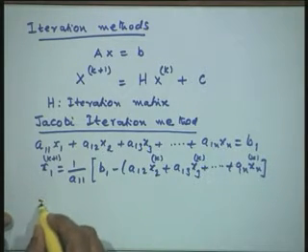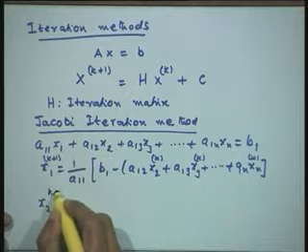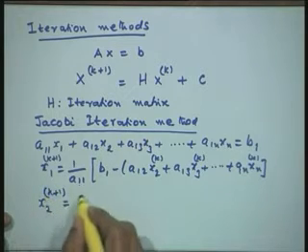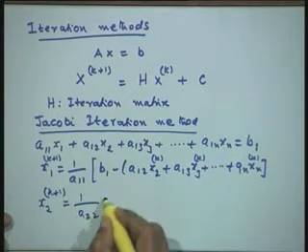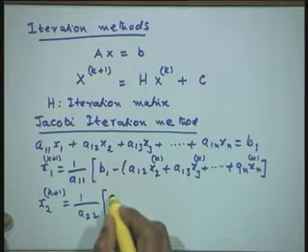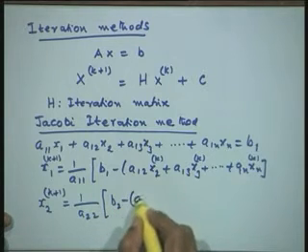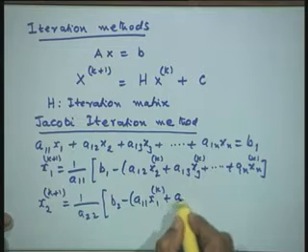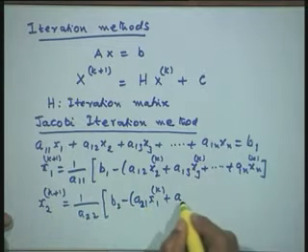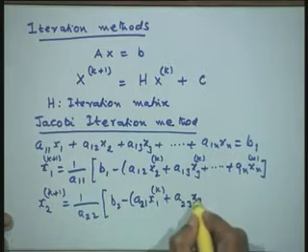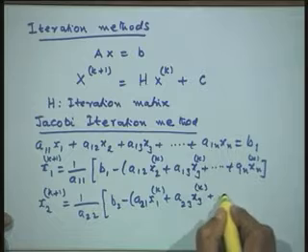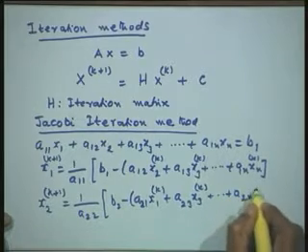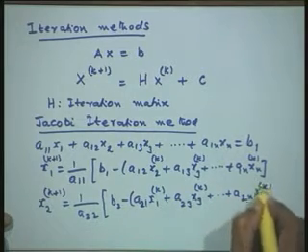That means I would write x2^(k+1) = 1/a22, that is the pivot a22, times (b2 - a21 x1^k - a23 x3^k - ... - a2n xn^k).